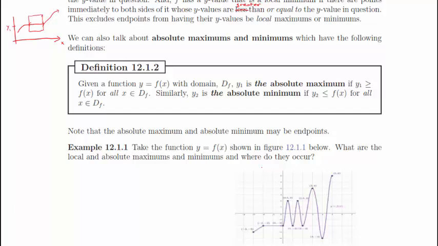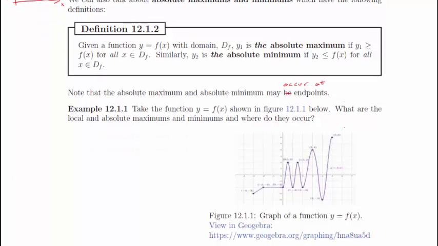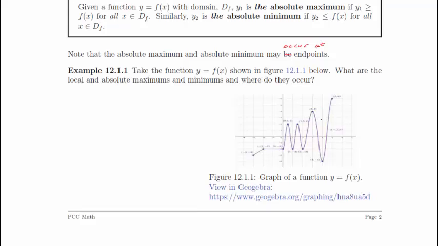Similarly, y2 is the absolute minimum if y2 is less than or equal to f of x for all x in the domain. So note that the absolute maximum and absolute minimum may occur at endpoints. I should really say they aren't at points. They can occur at endpoints. I think that'll be clear why that is as we look at this following example.